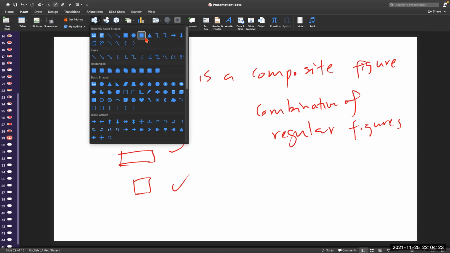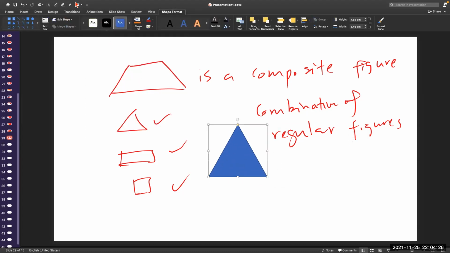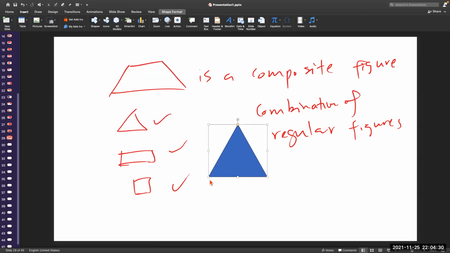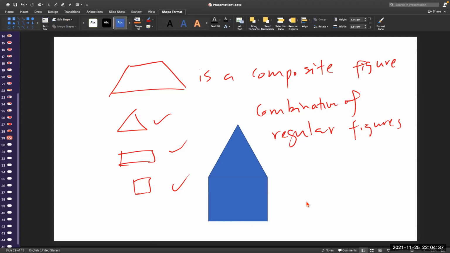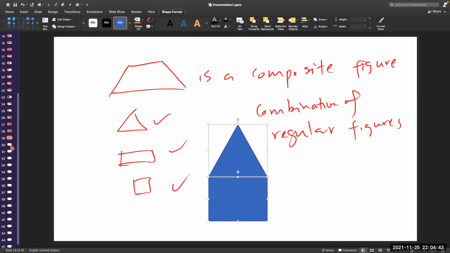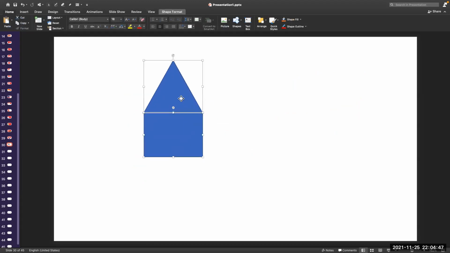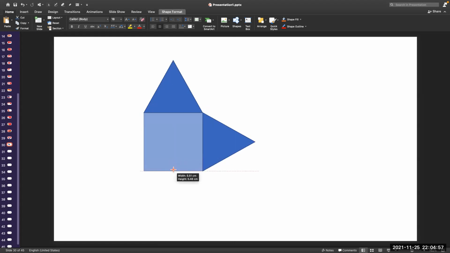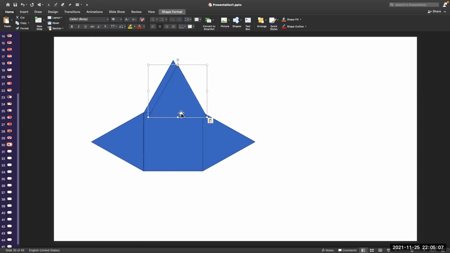So if next time you get a shape like this, what are you going to do?